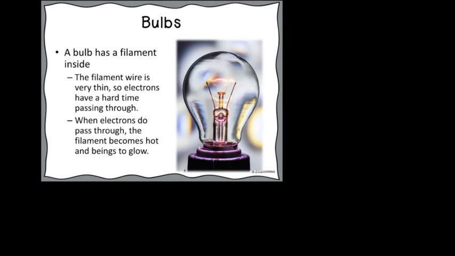Even though it's metal and it's a good conductor, it's very thin, so the electrons have to work really hard to get through. And when the electrons do pass through, they heat that filament up so much that it starts to glow. And this is what causes the bulb to light up.